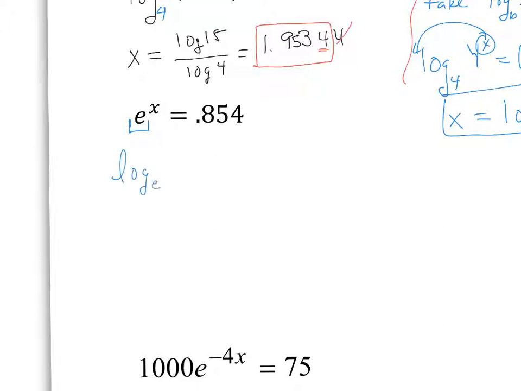Log base e is the natural log. So what I have here is the natural log of e^x is equal to the natural log of 0.854.